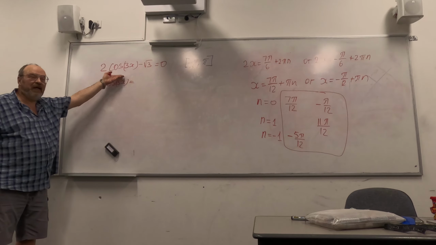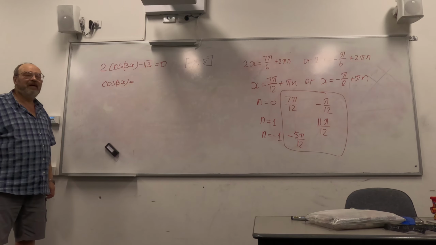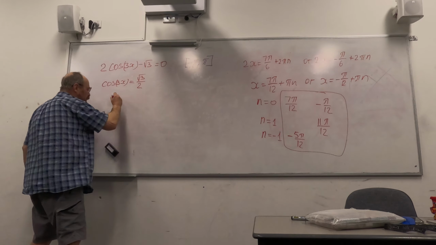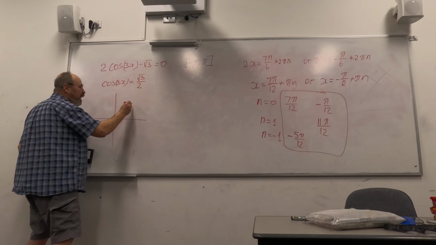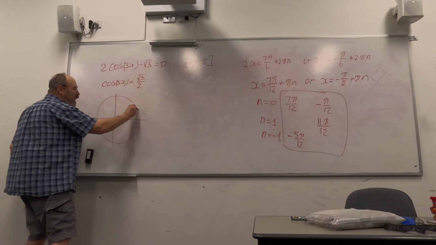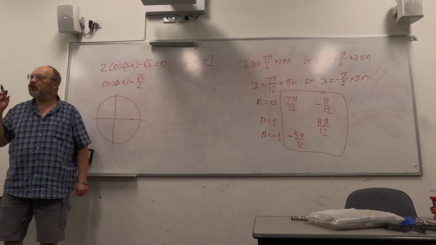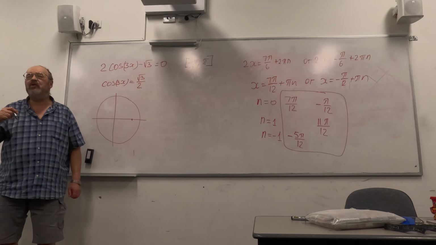What does cos 3x equal? Root 3 over 2. So if we think about the unit circle, which line do we need to draw, vertical or horizontal?